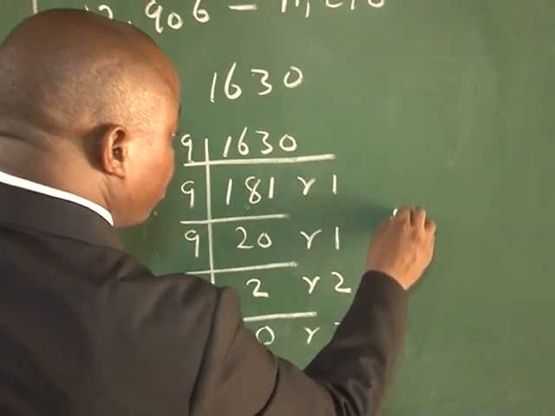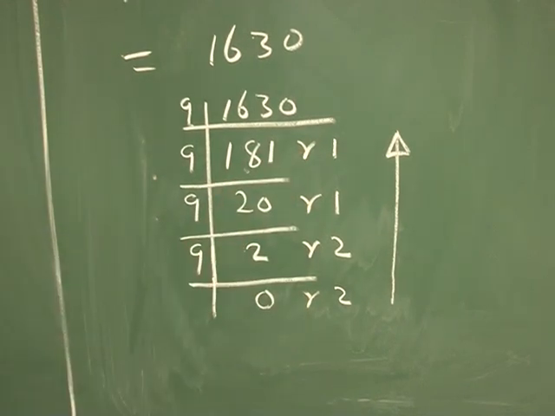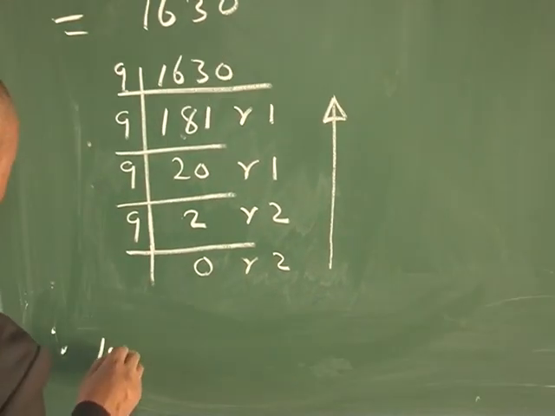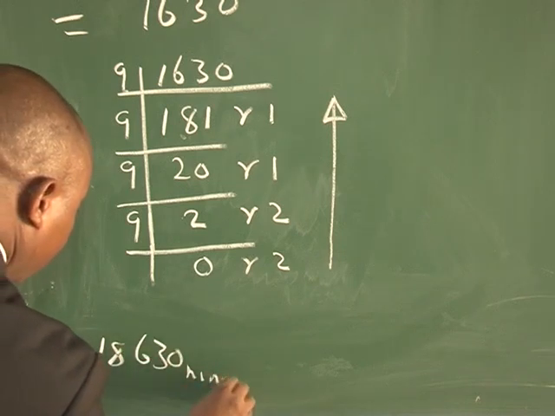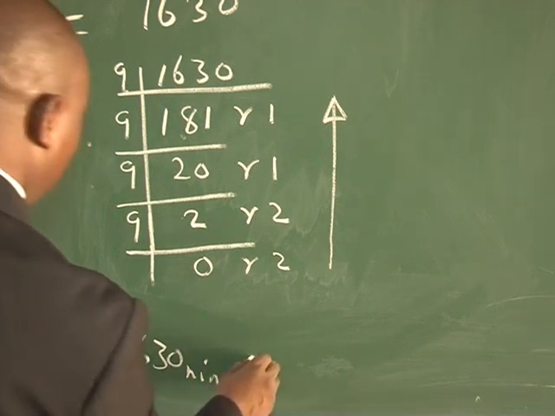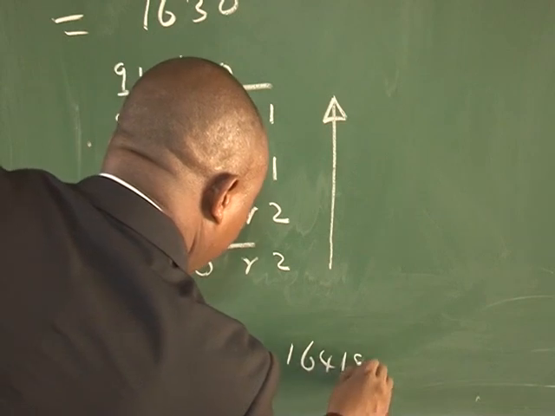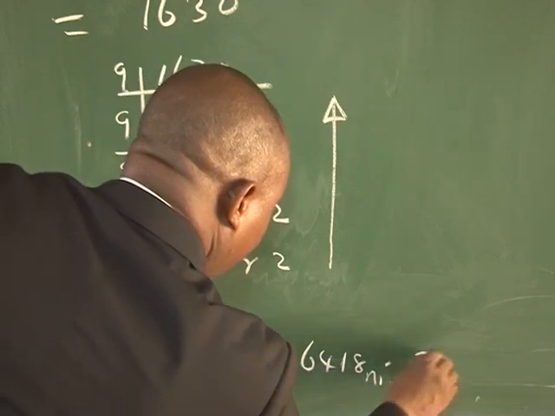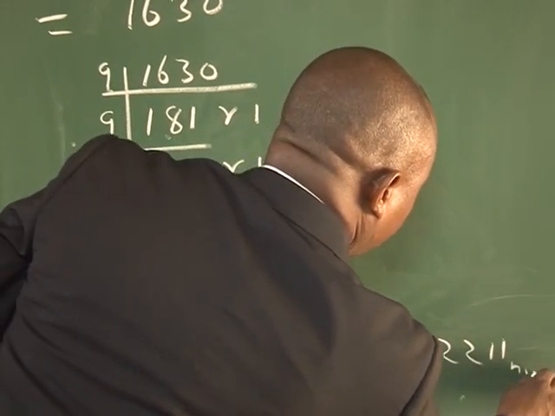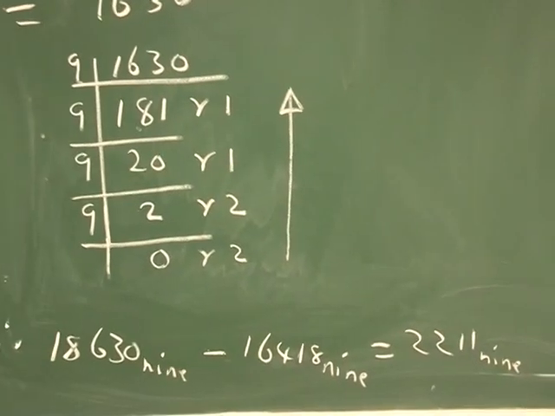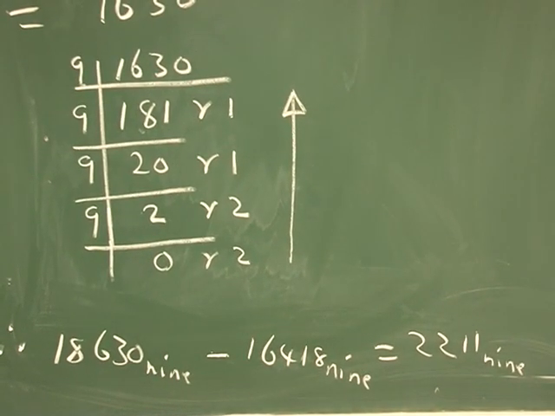So taking from down to top, we have that 12,906 in base 10 minus 11,276 in base 10 is equal to 2211 in base 9. So that is how the subtraction of number bases is done.